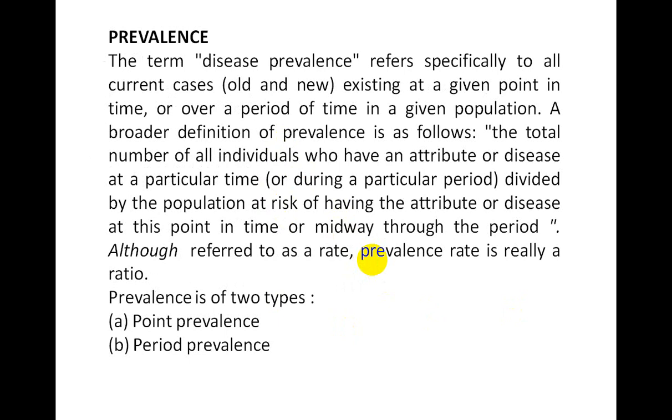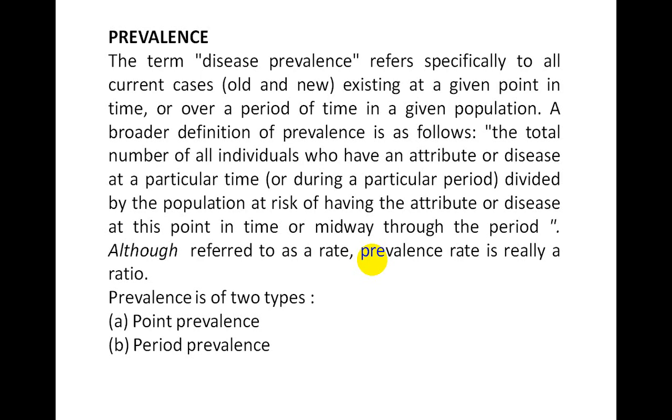Prevalence. The term disease prevalence refers specifically to all current cases, old and new, existing at a given point in time or over a period of time in a given population.